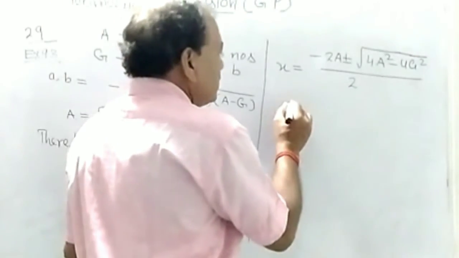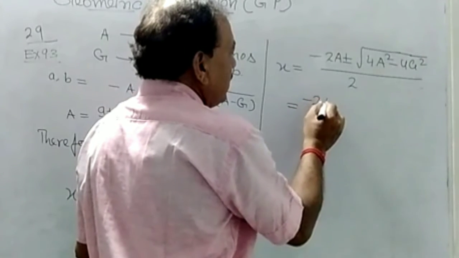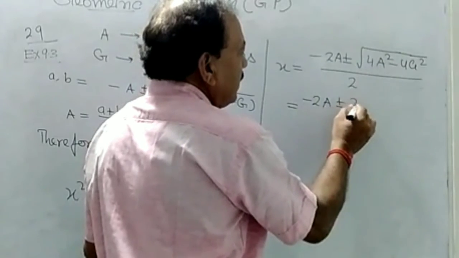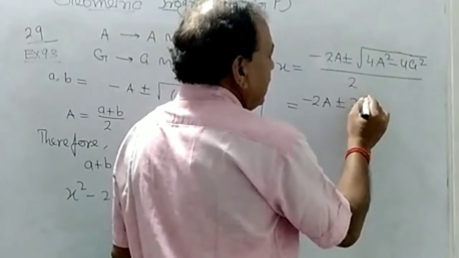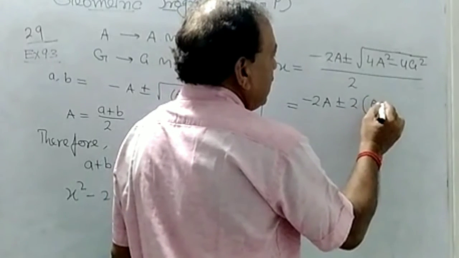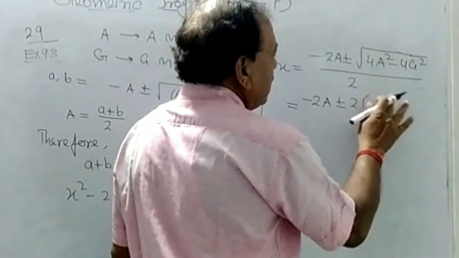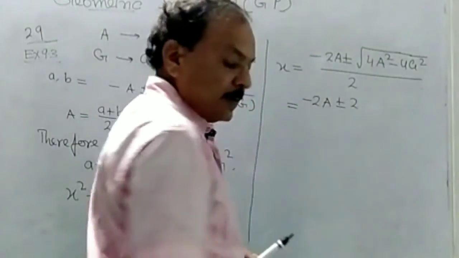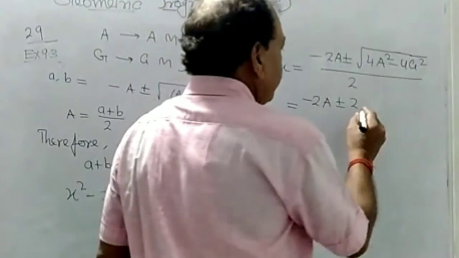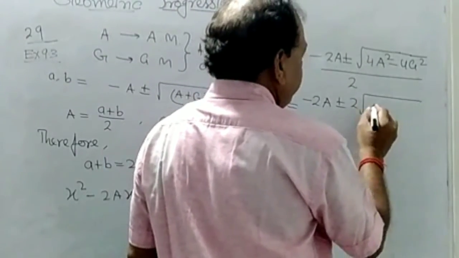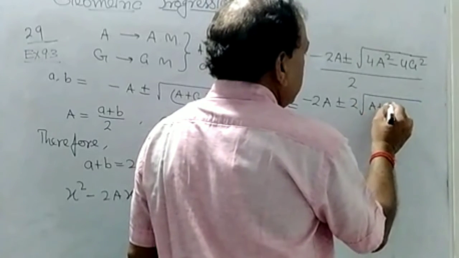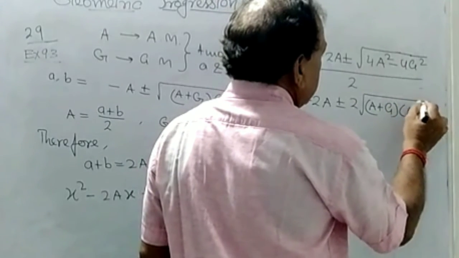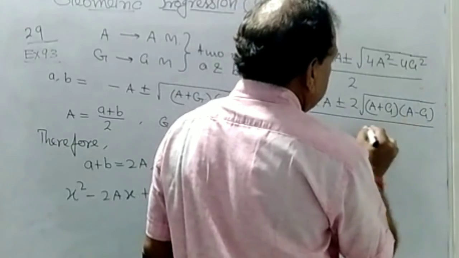Now in this, we can take 2 as common, so we get 2A plus or minus under root A plus G and A minus G upon 2.